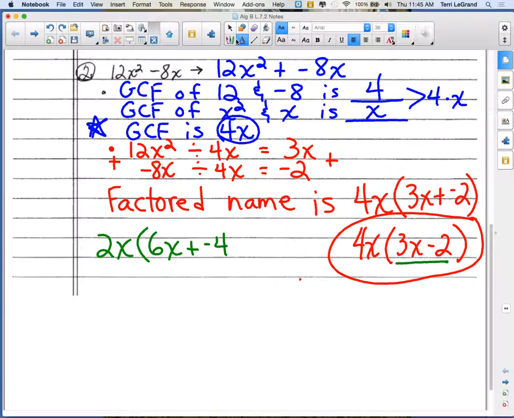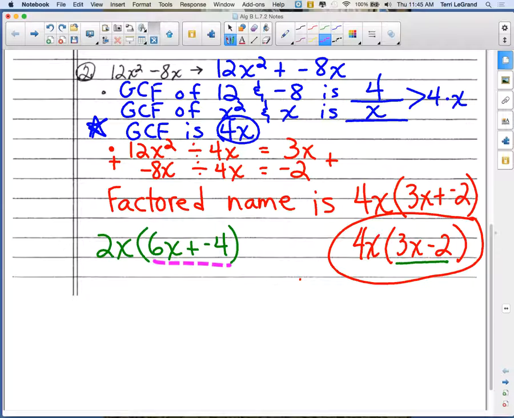Okay? So they're supposed to ask themselves this question. Can anything else be divided out of that part? Yes. Is there something that goes into 6x that also goes into that negative 4? 2. Yeah, we could still divide out a 2, couldn't we?